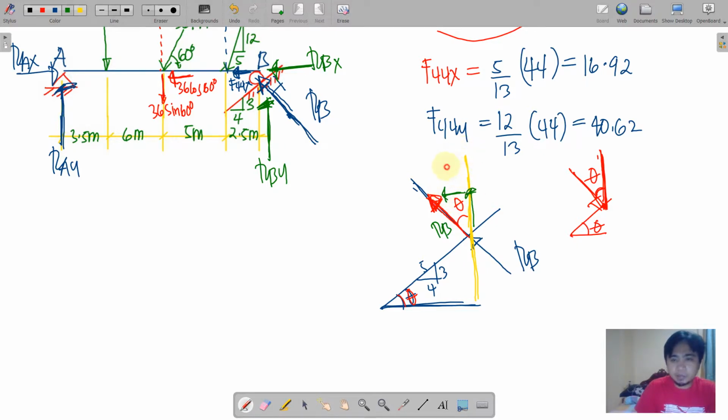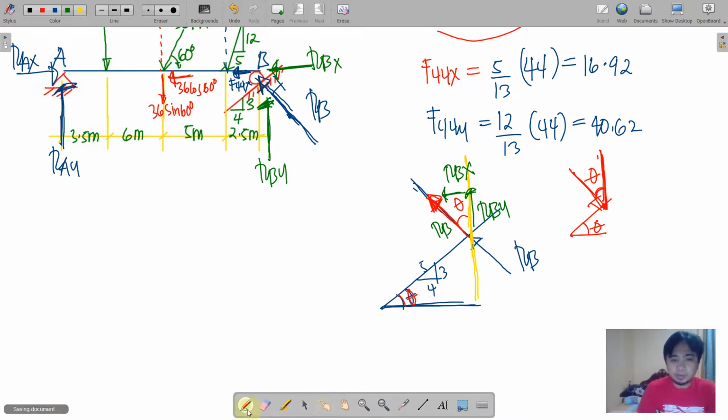Okay, so therefore this is RBX and that is RBY. Okay, so this is the right triangle now, RB being the mother force. So these are just the two legs, RBX and RBY.